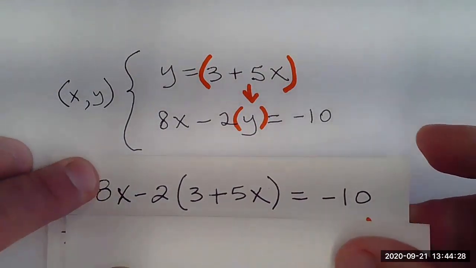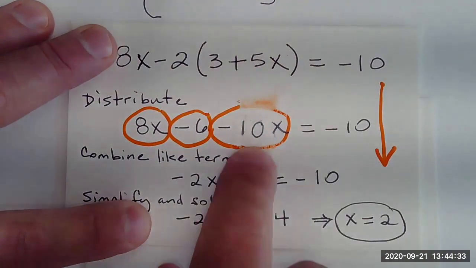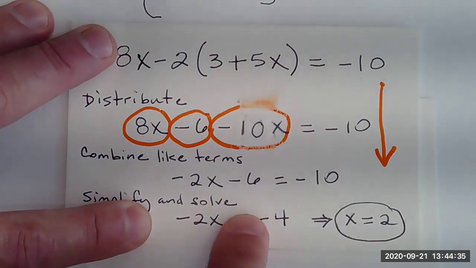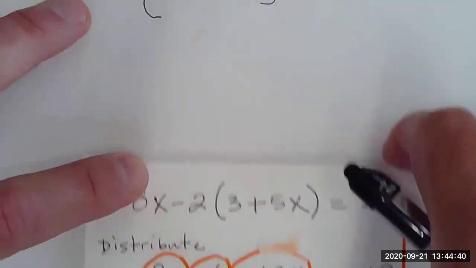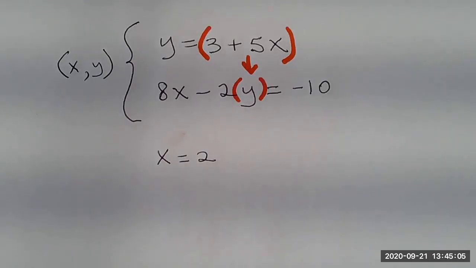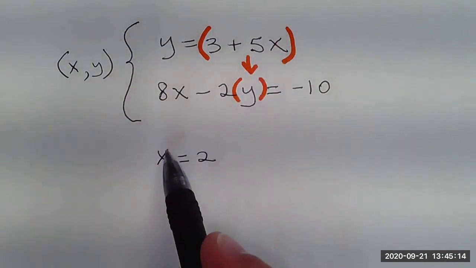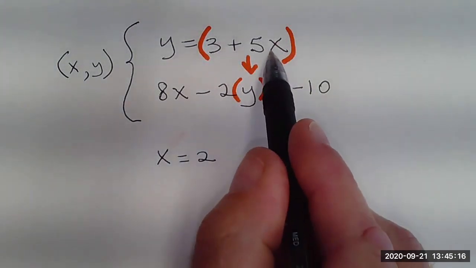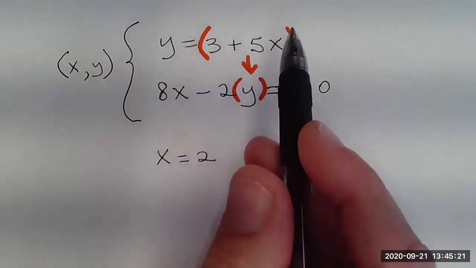We know from having done this problem that we substitute 3 plus 5x in for y, and we get x equals 2. Now that we know that x equals 2, we can take the 2 and substitute it in for x, and rewrite this equation as y equals 3 plus 5 times 2.